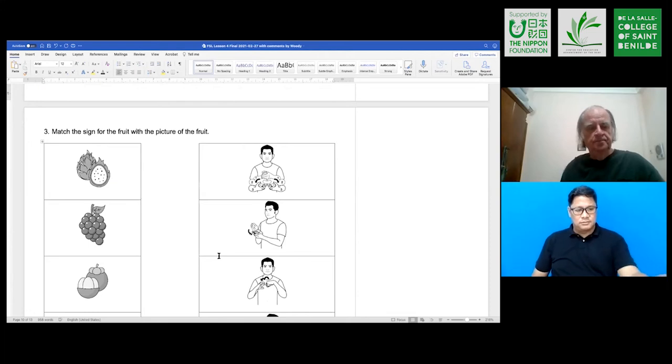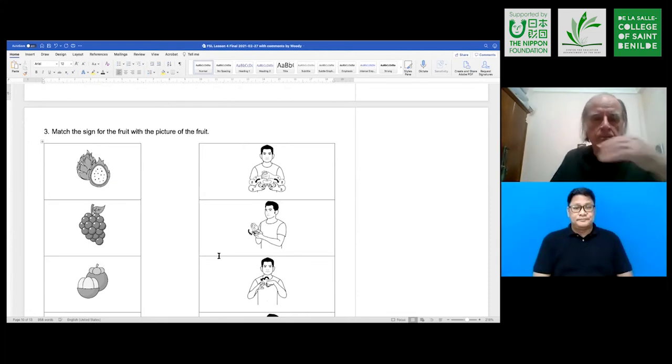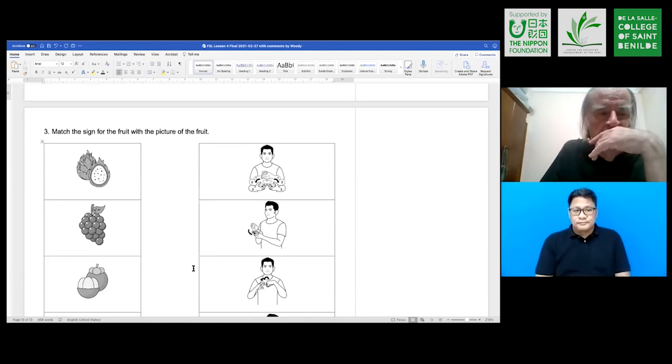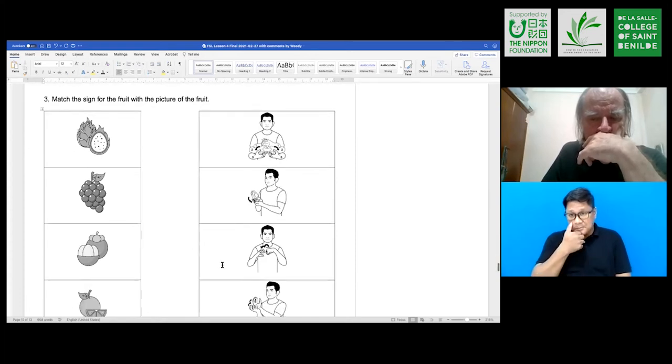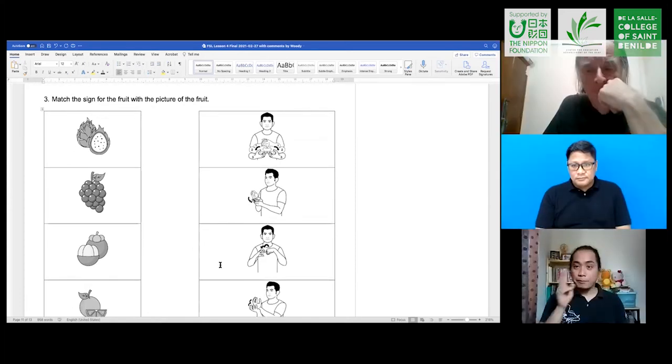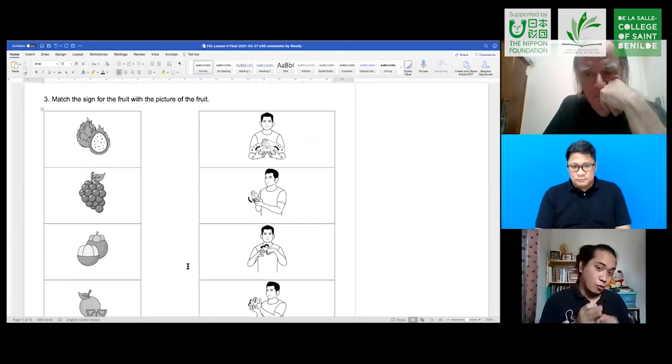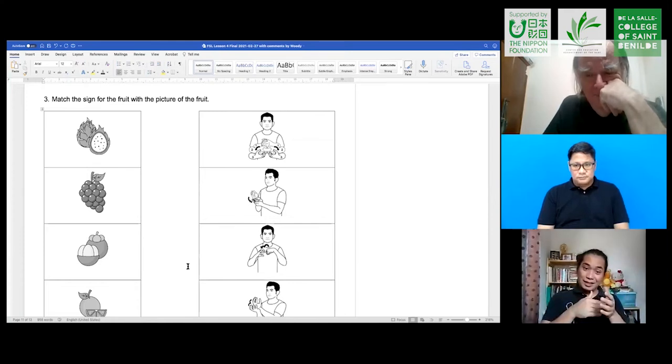This one is okay. Yeah, Peeps is saying if it's just a picture to the sign, it's not necessary to add a color, unlike the previous question where we describe it using color. So do I have to reiterate what I said before?